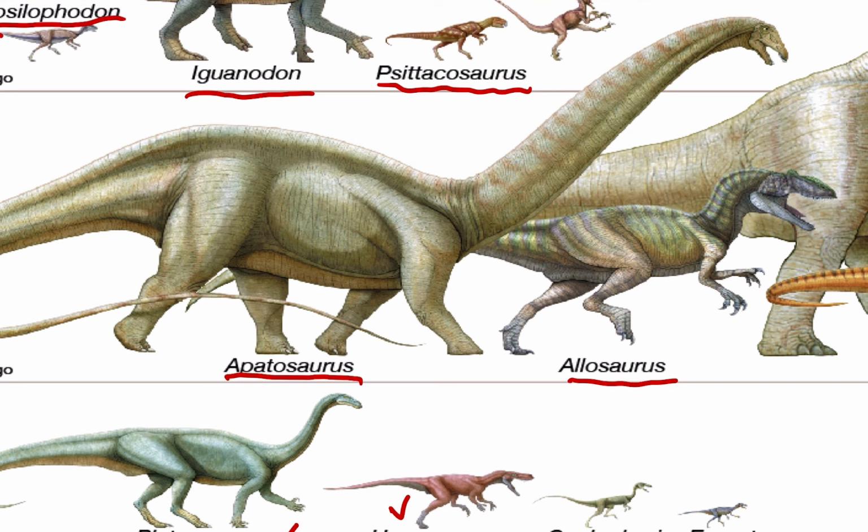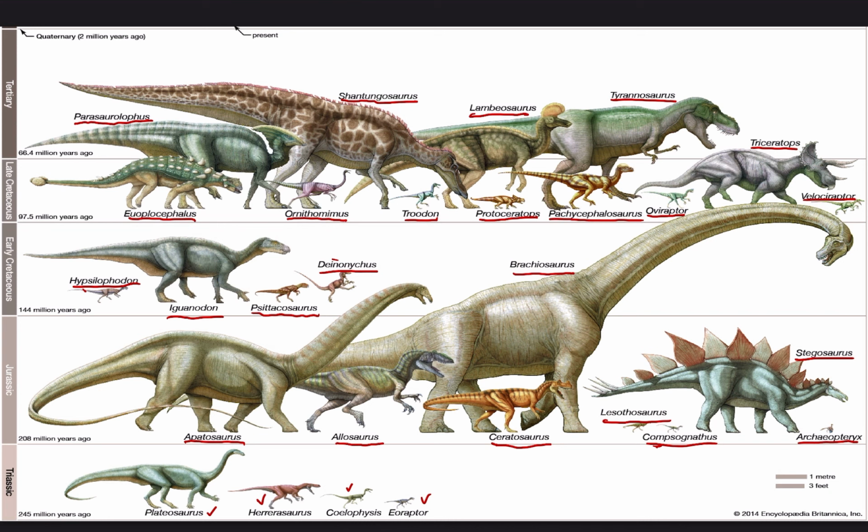So what you need to do is choose 10 dinosaurs that you can find here. For example, I choose Troodon, Triceratops, Tyrannosaurus, Lambosaurus, Shantungosaurus, and Raptor. Number 1, you need to compare one with another of the dinosaurs.